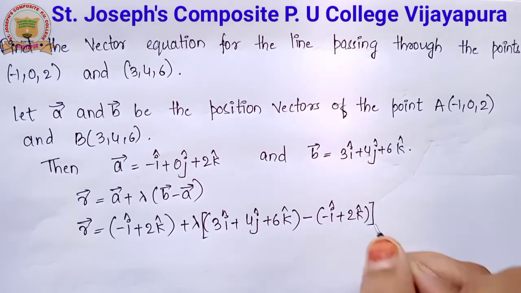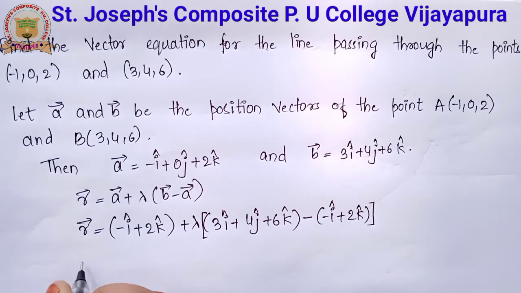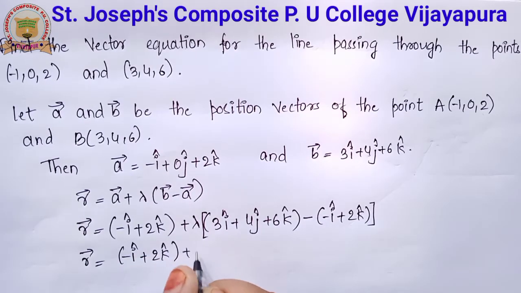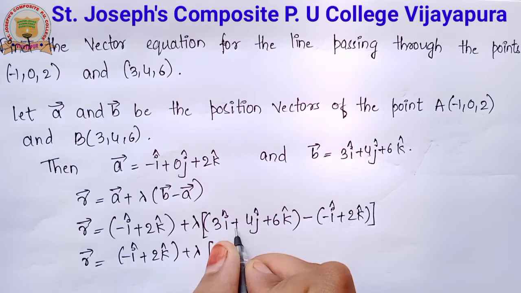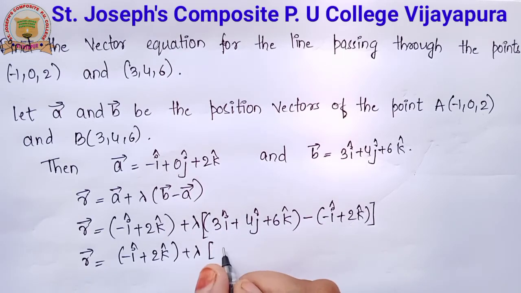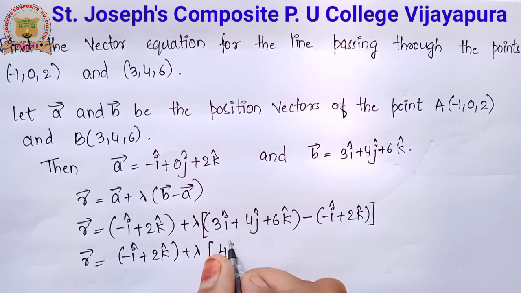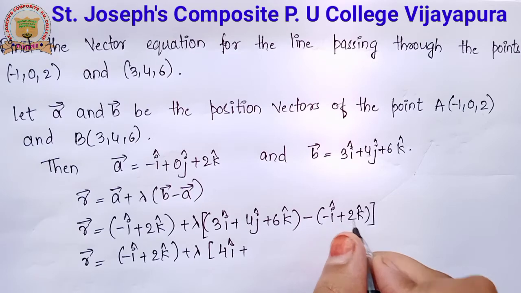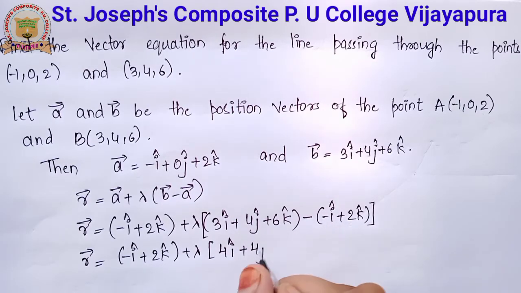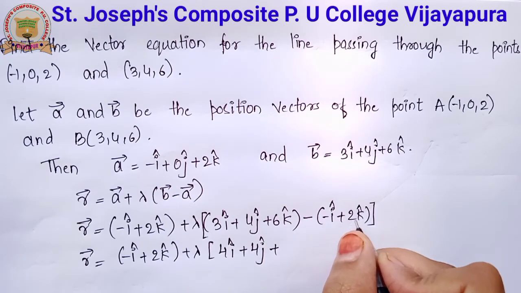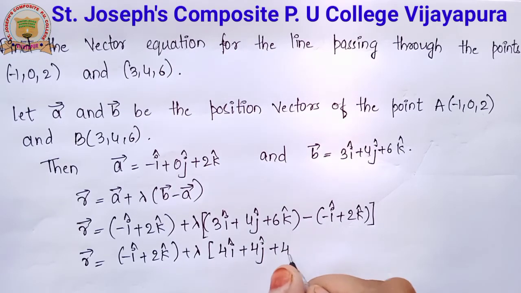Subtracting these two vectors: 3 plus 1 is 4, so 4i; j is not there in A, so 4 plus 0 is again 4j; 6k minus 2k is 4k.